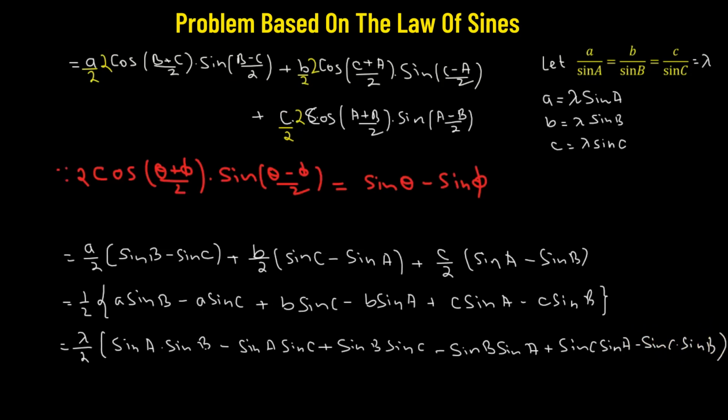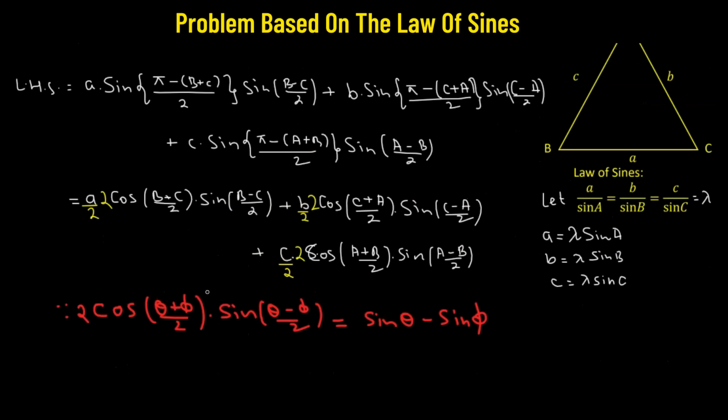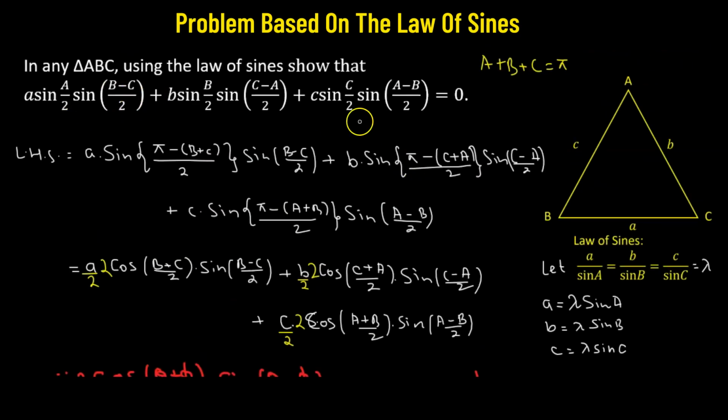So let's see if any terms get cancelled out. We have sine A sine B, and this and negative sine B sine A cancel out. Then we have negative sine A sine C and positive sine C sine A, which cancel. We have positive sine B sine C, that cancels out with negative sine C sine B. So we are now left with lambda over 2 multiplied by 0. So this is 0, which is the expression on the right hand side. That means we have successfully proved that the given trigonometric equation holds true.